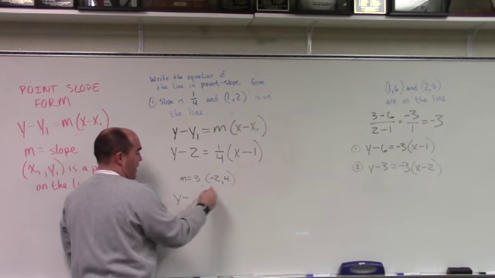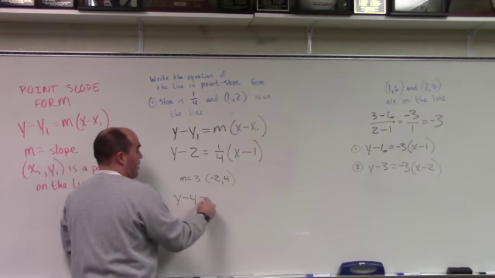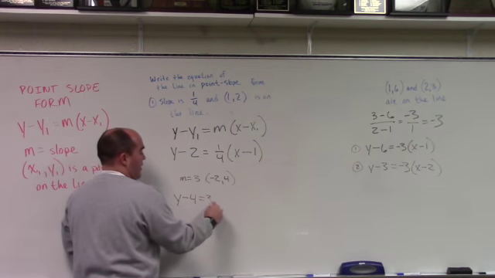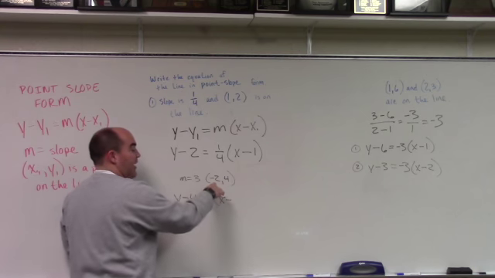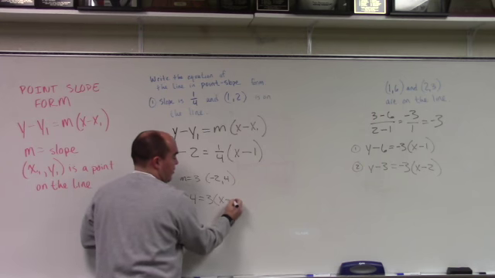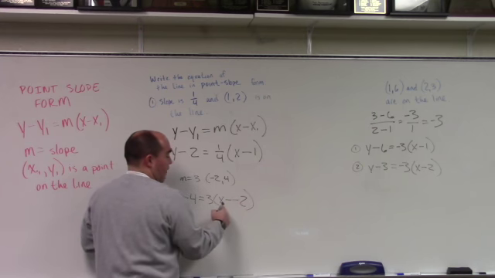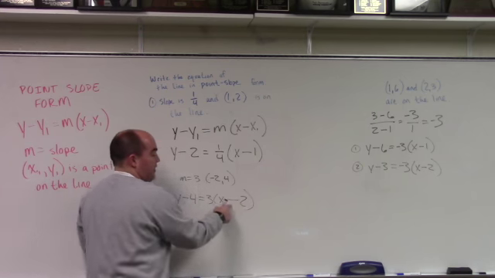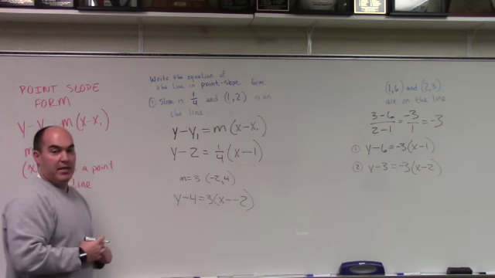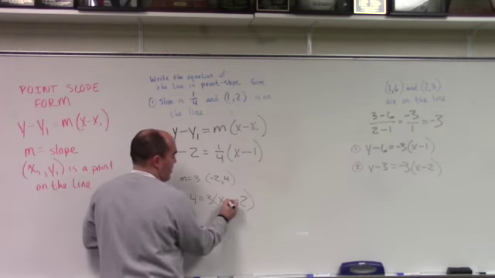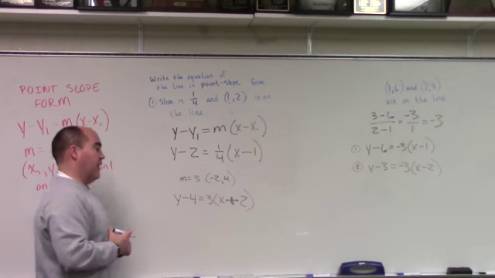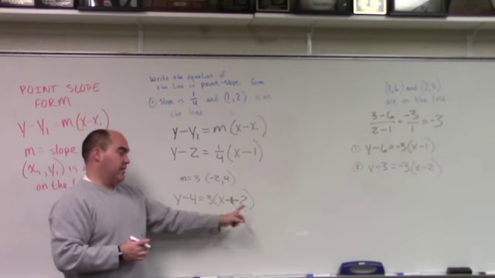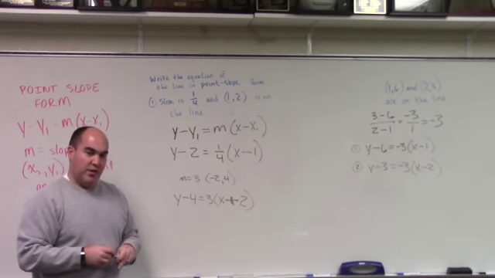I would write y minus 4, the slope is 3, and then x minus, but since this x value is a negative 2, I would write minus a negative, and instead of leaving the minus a negative in there, I would change that to a plus. So if I see a plus in there, then I know that that was minus a negative, and so that point should have been a negative.